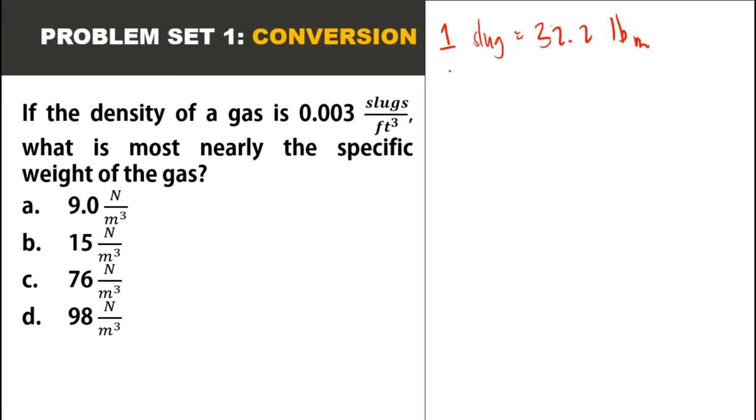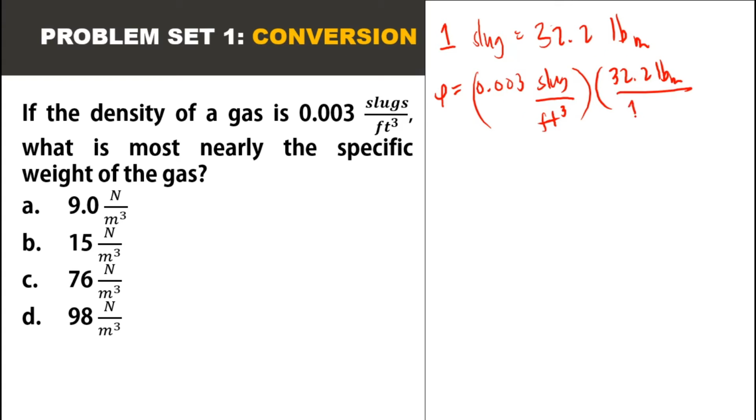Converting this, the density is 0.003 slugs per cubic feet, times 32.2 pound mass per 1 slug. The slug will cancel, so we have pound mass per cubic feet.